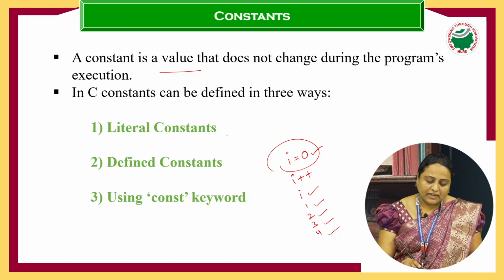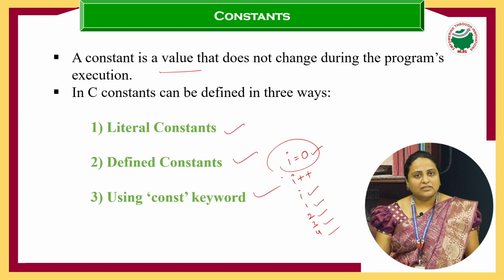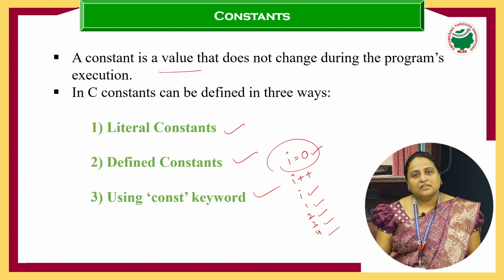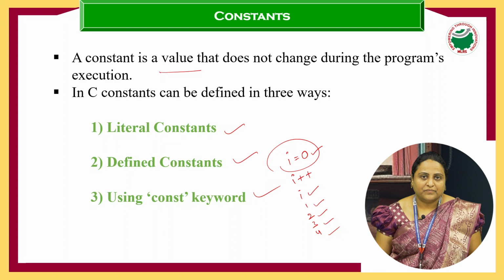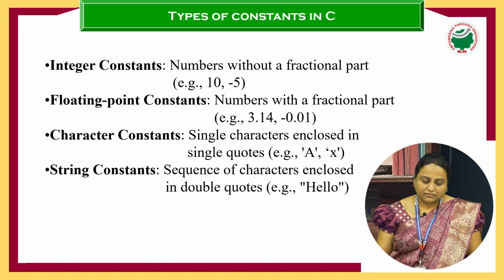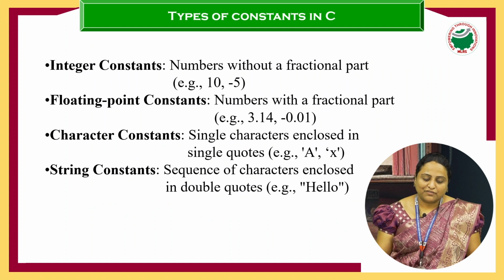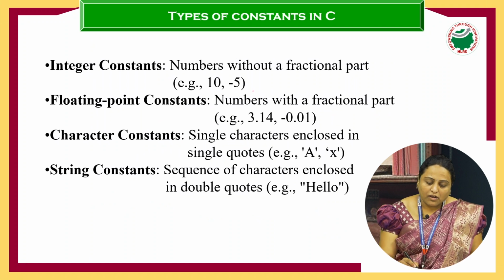In C language, we can represent constants in three ways: literal constant, defined constant, and using the const keyword, C-O-N-S-T. Here we'll see what the different types of constants in C language are.